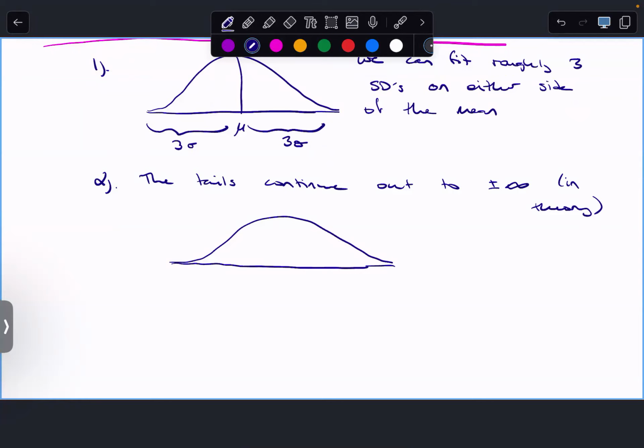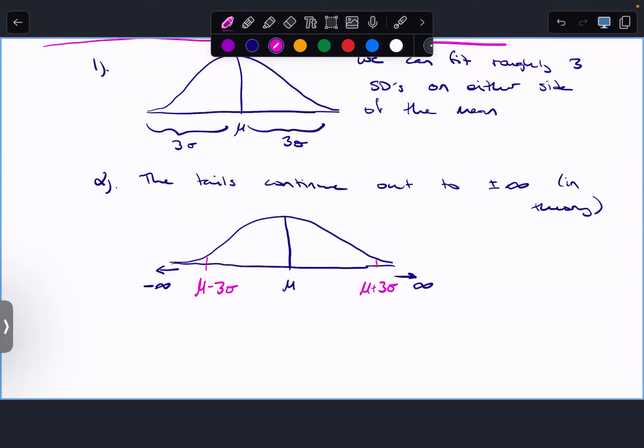Okay. And so here, if I have mu, then this keeps going to negative infinity and it keeps going to positive infinity. But the majority of the curve kind of gaps out here at mu minus 3 sigma and mu plus 3 sigma, right?